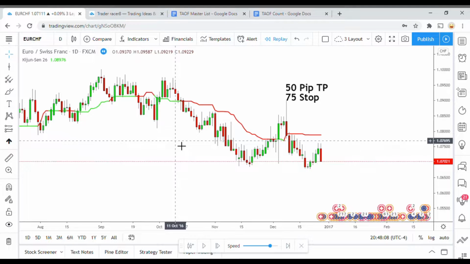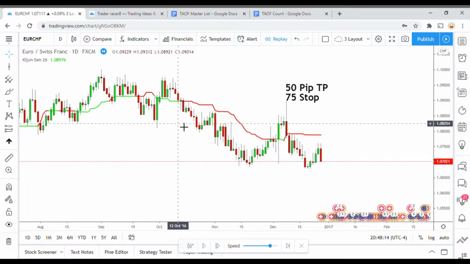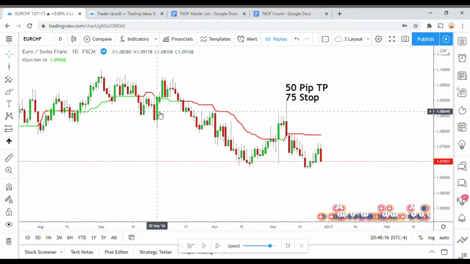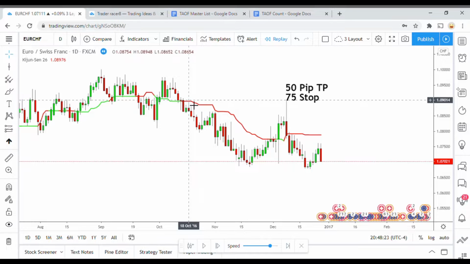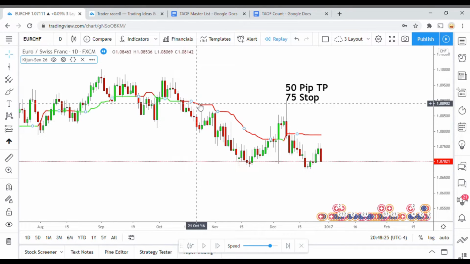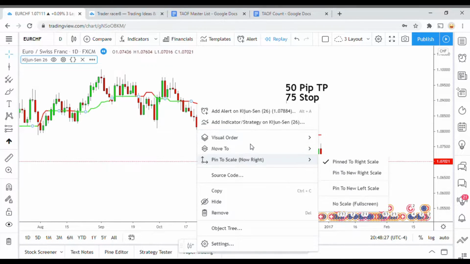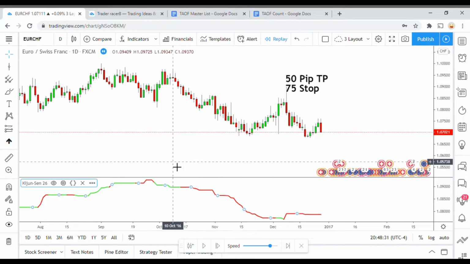And what I might actually do, and I do this sometimes when we are dealing with indicators that are kind of embedded into the price action, is that sometimes it's hard to actually see them.